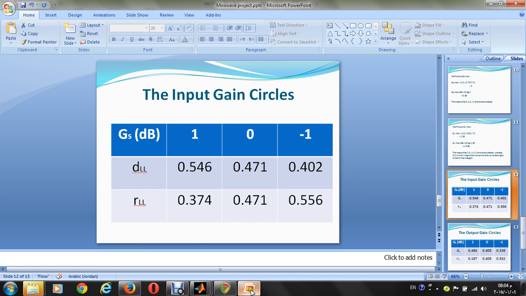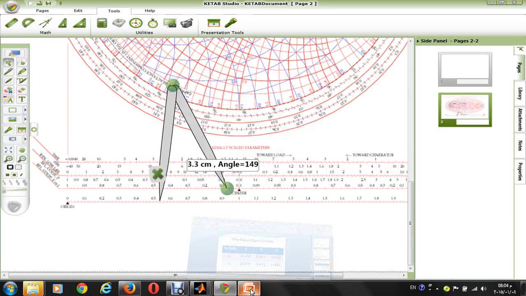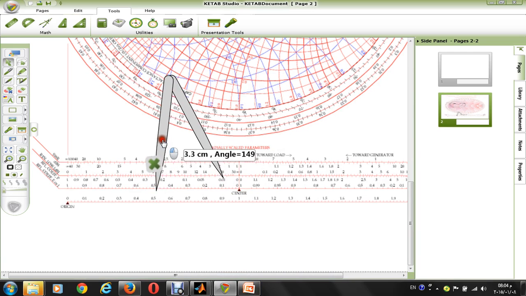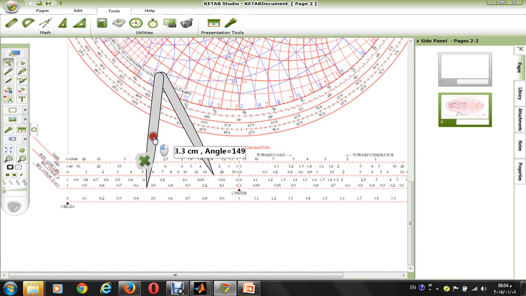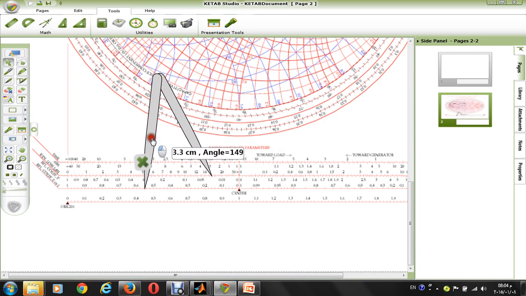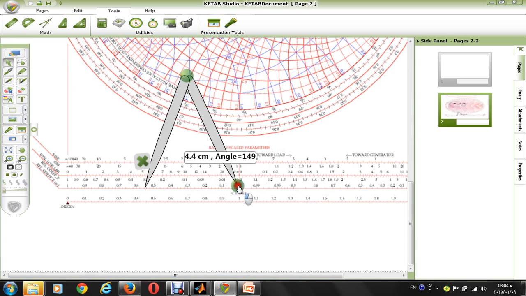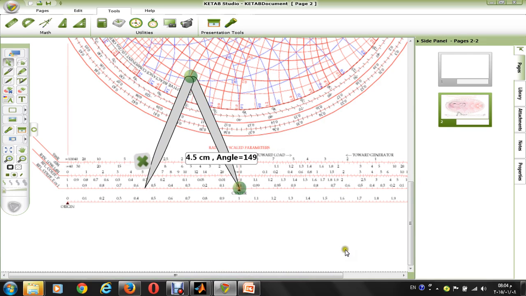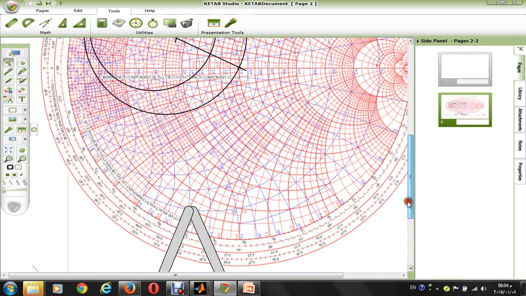And look, we find that the radius is 0.556, which means 0.55. Okay, this is good.